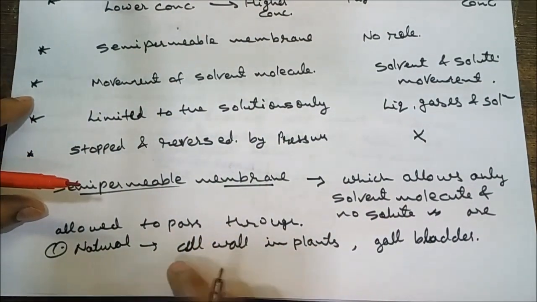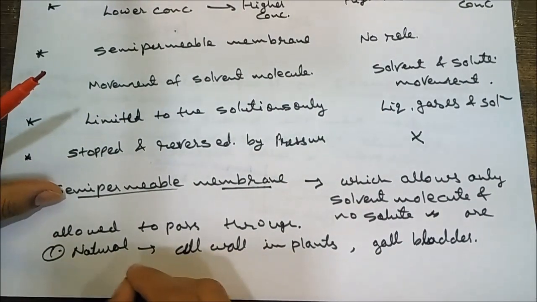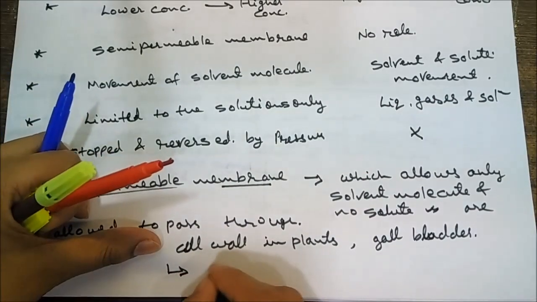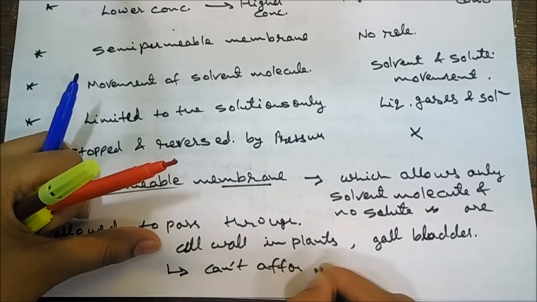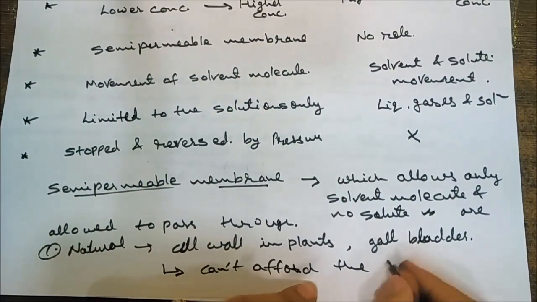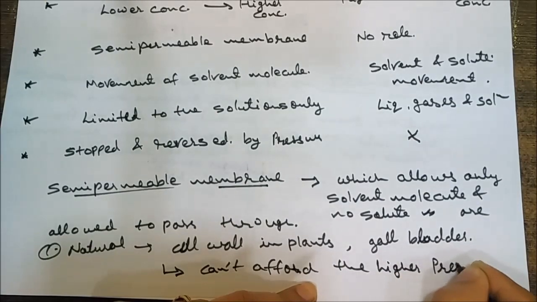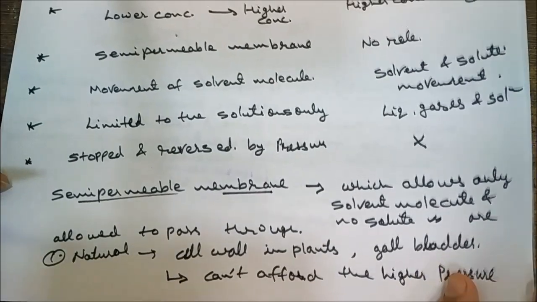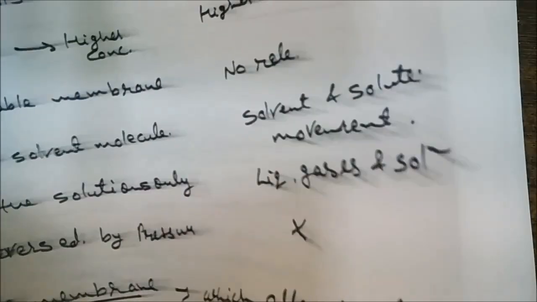These are the natural semi-permeable membranes, and they are not perfect and can't afford higher pressure. If we put the pressure high, then it will break down or tear off.